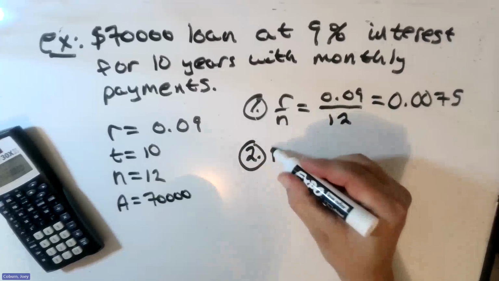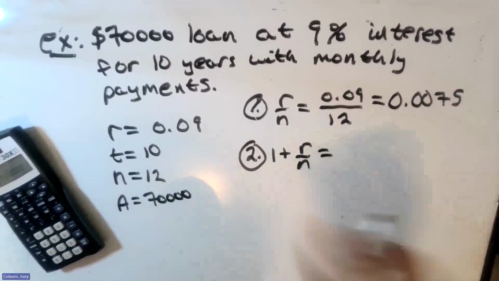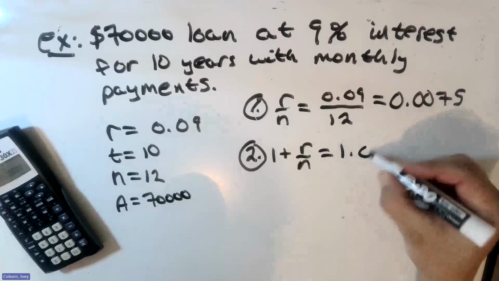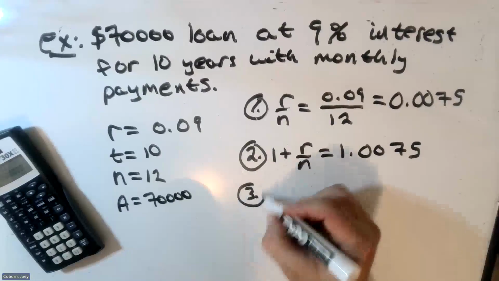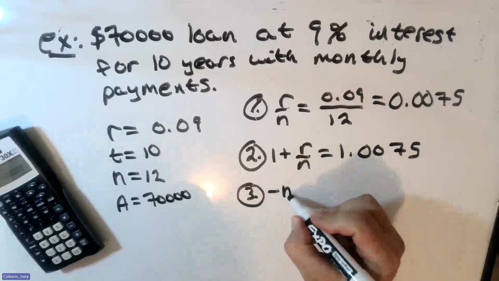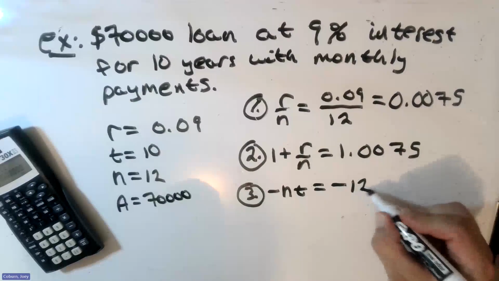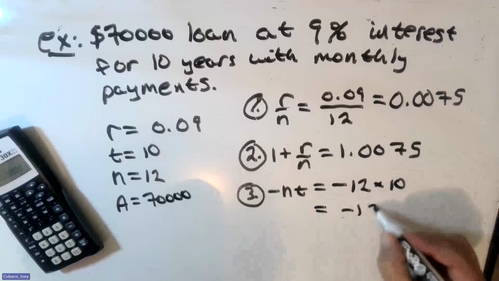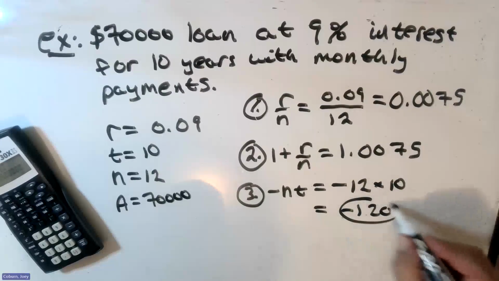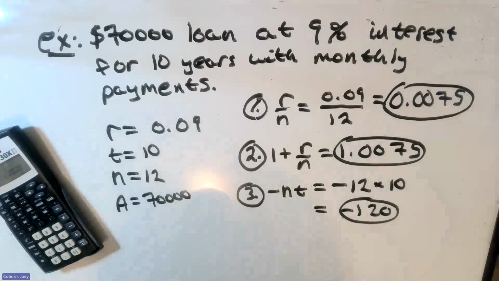Next, let's add 1 to that. So we've calculated R over N. Let's just add 1, 1.0075. And then lastly, negative NT. We're just going to take the negative sign and attach it to the product of 12 and 10, or negative 120.